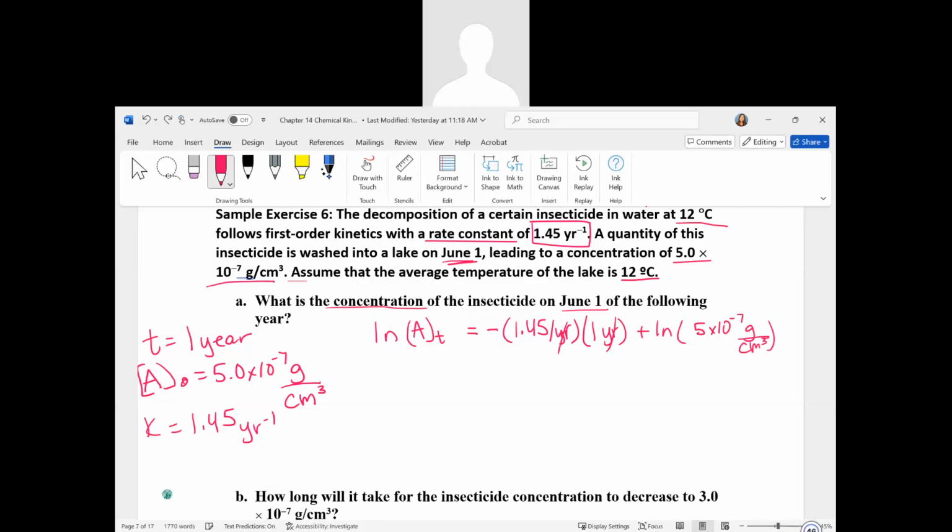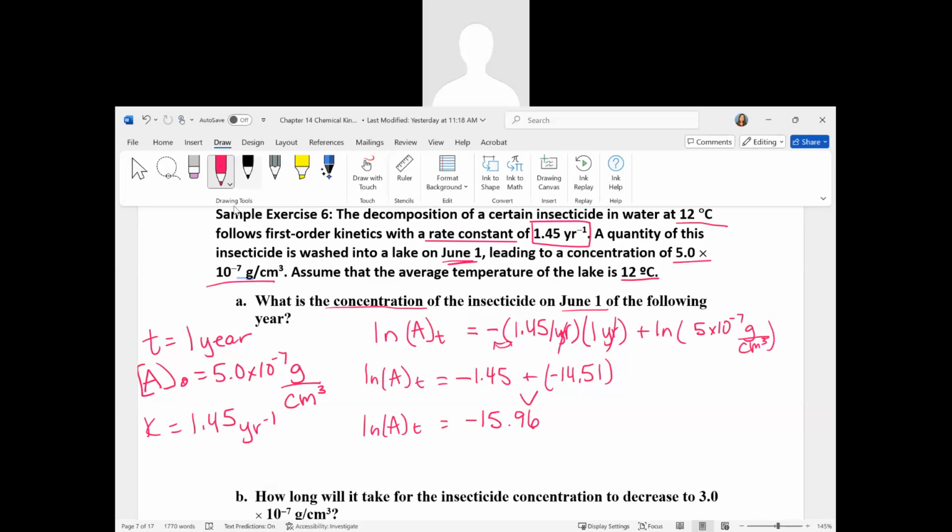All right. So if we were to plug in these values here, we're going to just carry down natural log of A sub t. That's going to equal negative 1.45. Just combine these here. Plus the natural log of this value turns out to be negative 14.51. We can then combine like terms here, and we get negative 15.96. This will equal the natural log of A sub t.